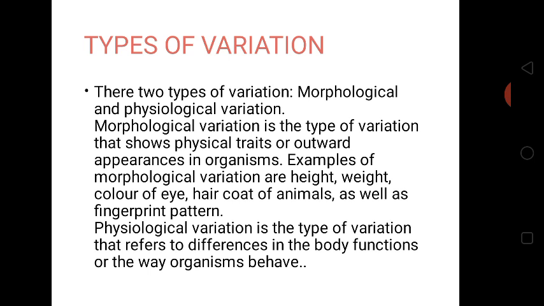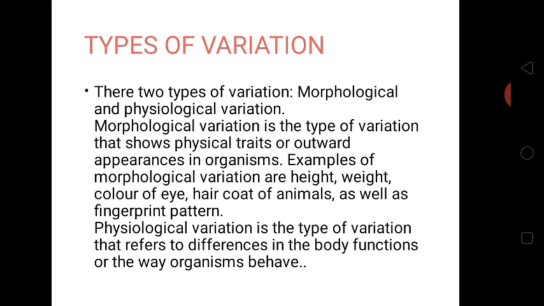So these features are noticeable. For instance, when you look at a person, you can either say somebody is dark in complexion or the person is fair in complexion, or somebody is short or tall. So you can easily see those traits in man.